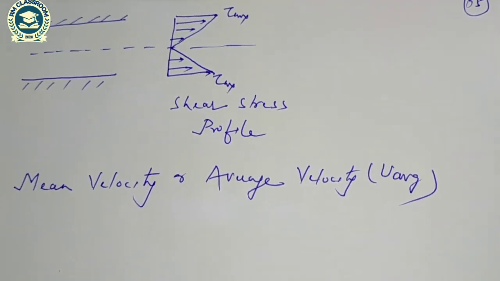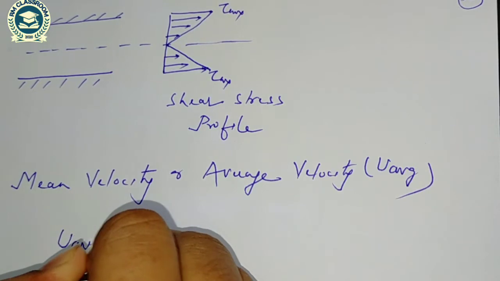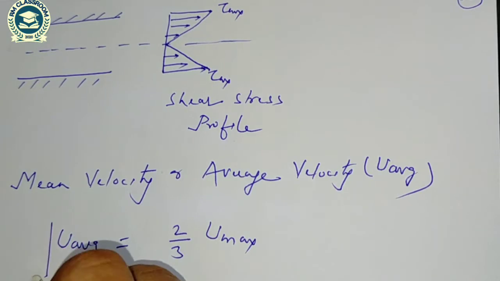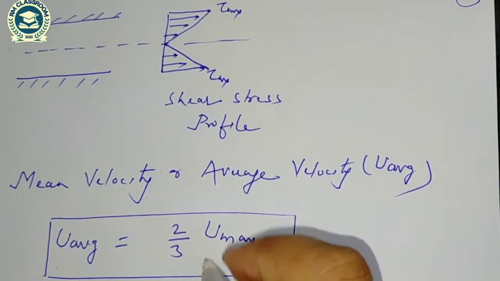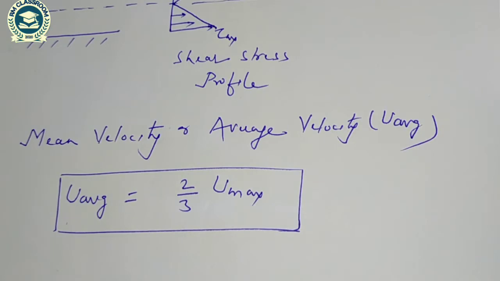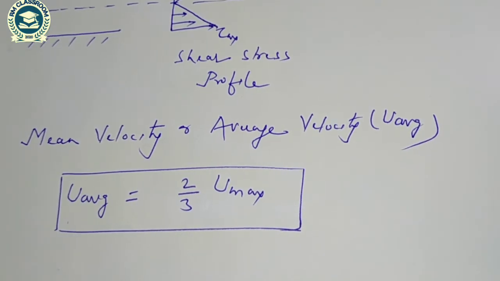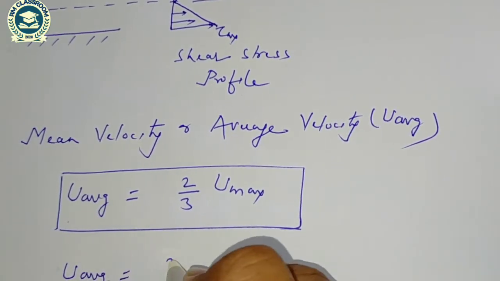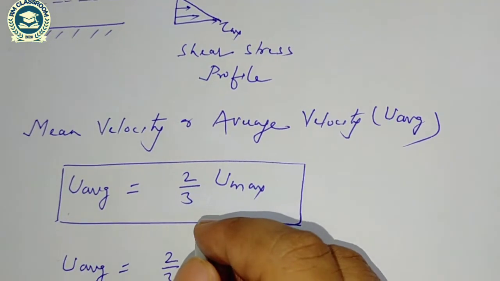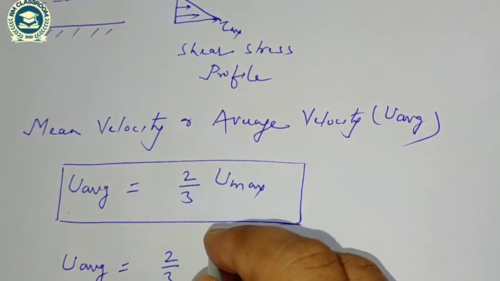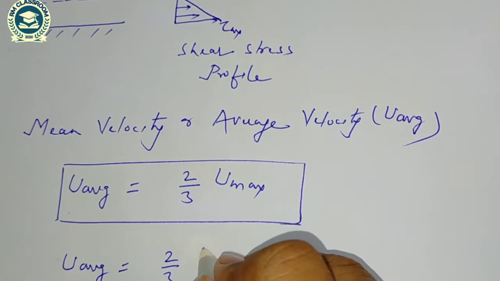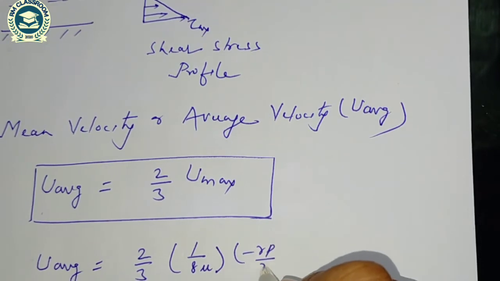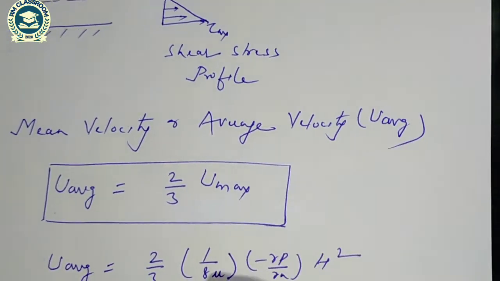So in parallel plates, average velocity is 2/3 of maximum velocity. If I integrate or compute the mass flow rate, you will get the expression of average velocity. So average velocity is equal to 2/3 of maximum velocity, and maximum velocity is 1 by 8 mu into minus del p by del x into h square.